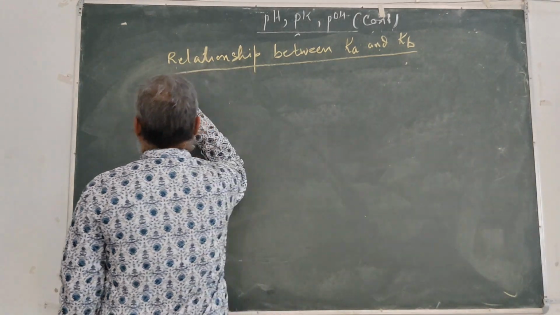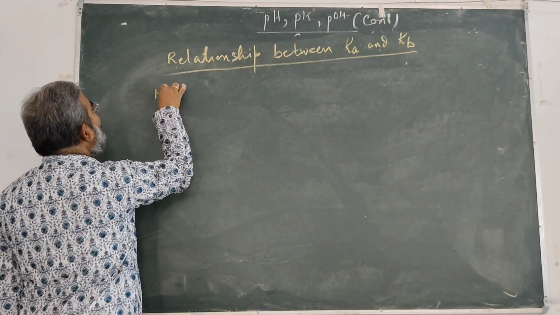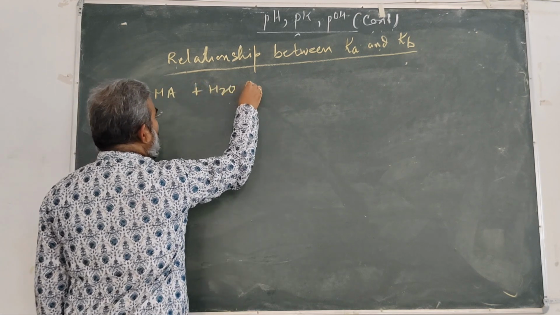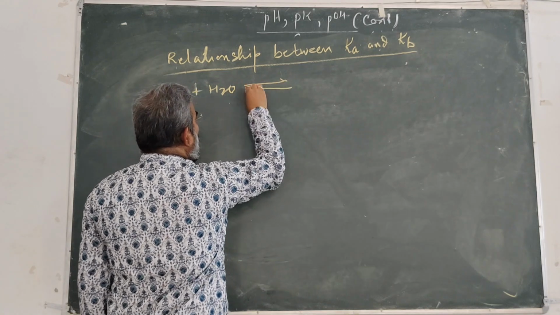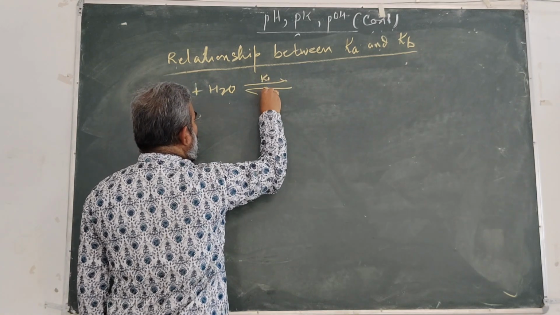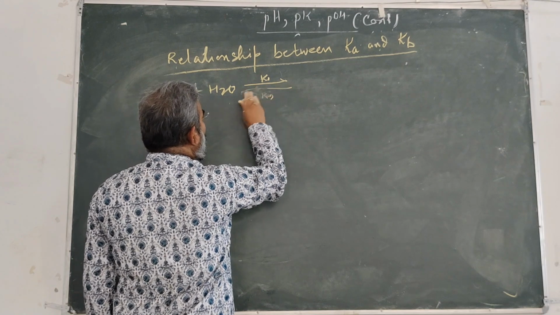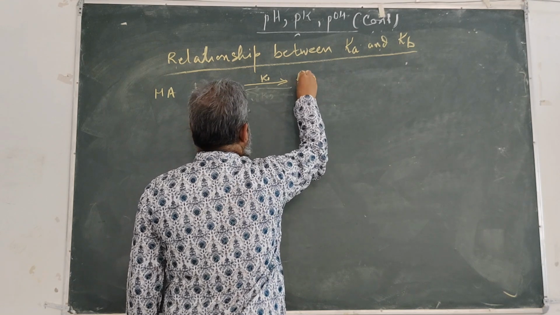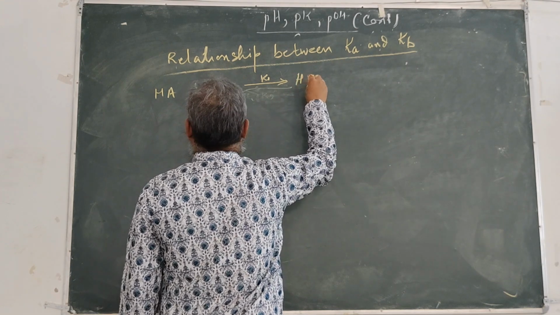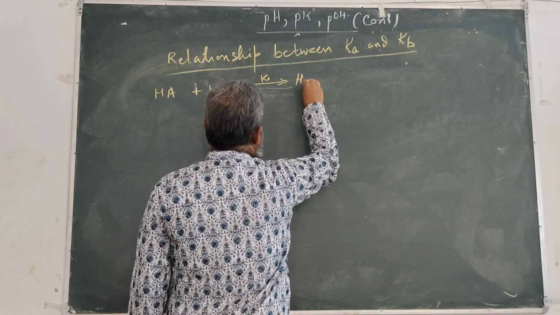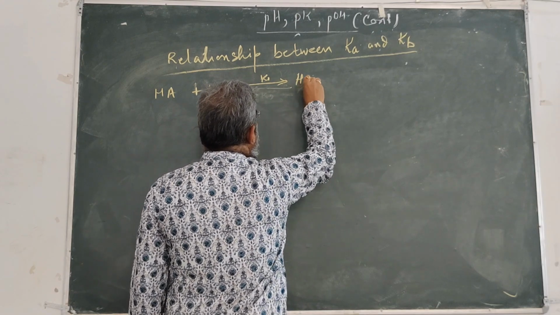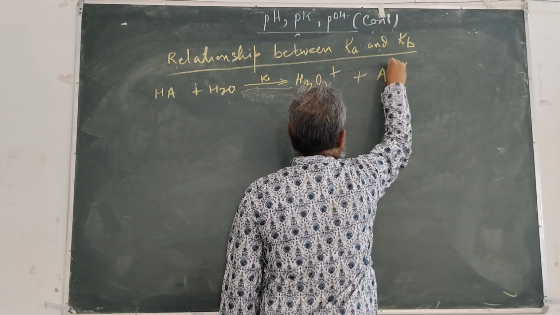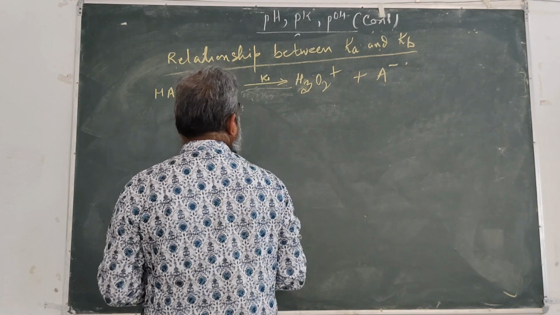Suppose here HA plus H2O with K1, और K1 ही रखा जाए इसको, gives H3O plus and A minus.